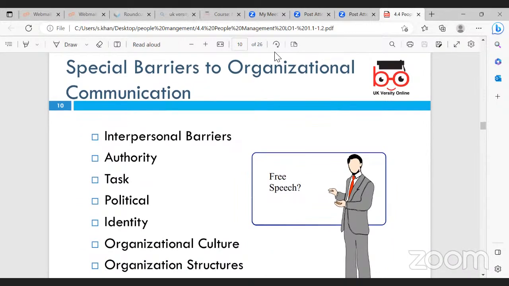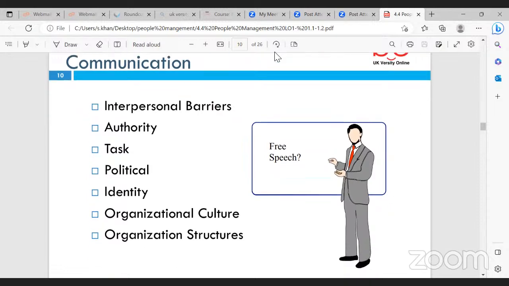We've got special barriers to organizational communication: interpersonal barriers, authority, task, political identity, organizational structures, organizational cultures, and free speech. Why do you think it's so important to have an organizational structure in place?